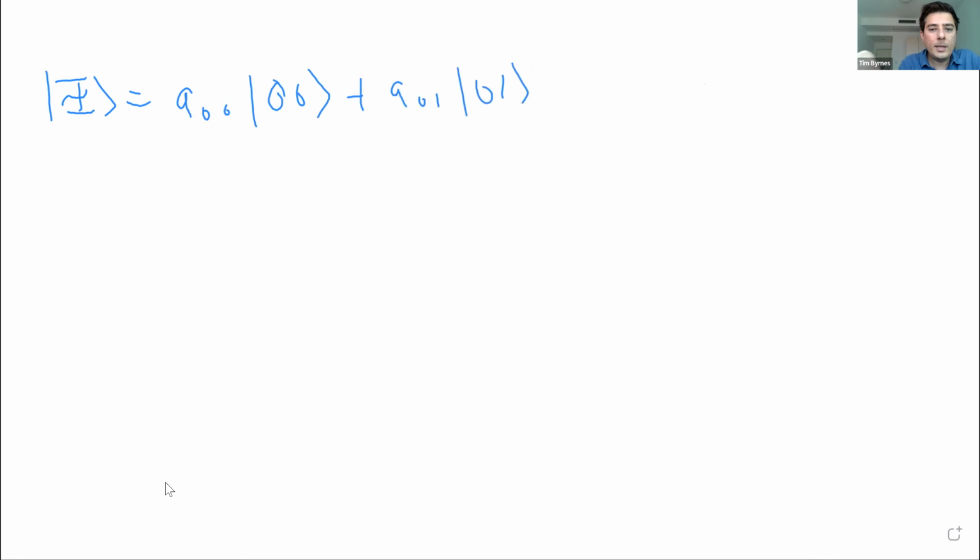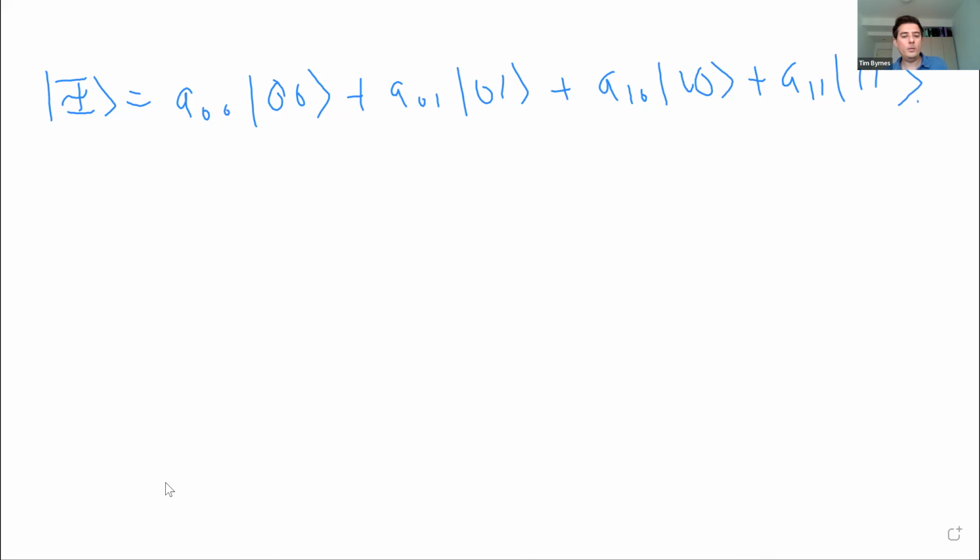For example, let's say I had a state that was A00 of the 00 state, A01 of the 01 state, A10 of the 10 state, and A11 of the 11 state.